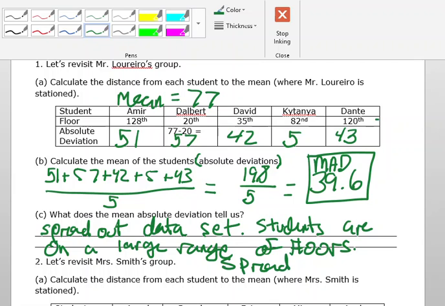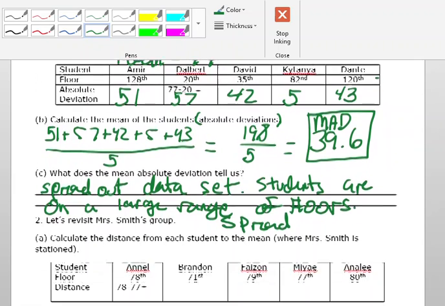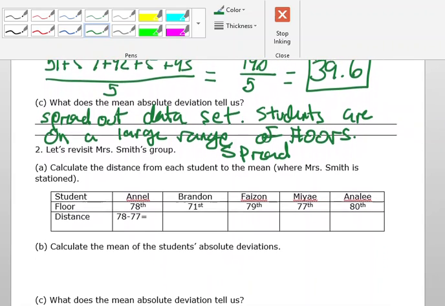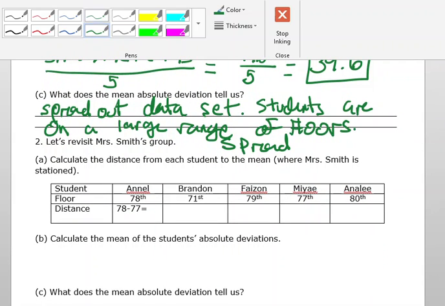All right, let's take a look at Mrs. Smith's group. With Mrs. Smith, we also had a mean of 77. So these two sets of data have the same mean.